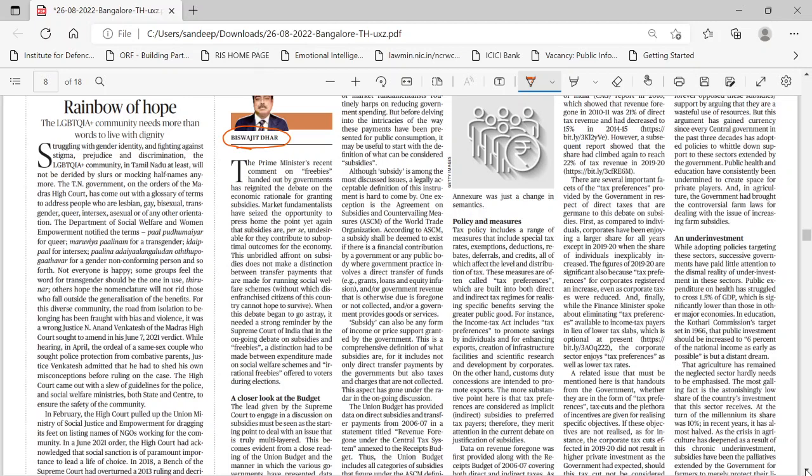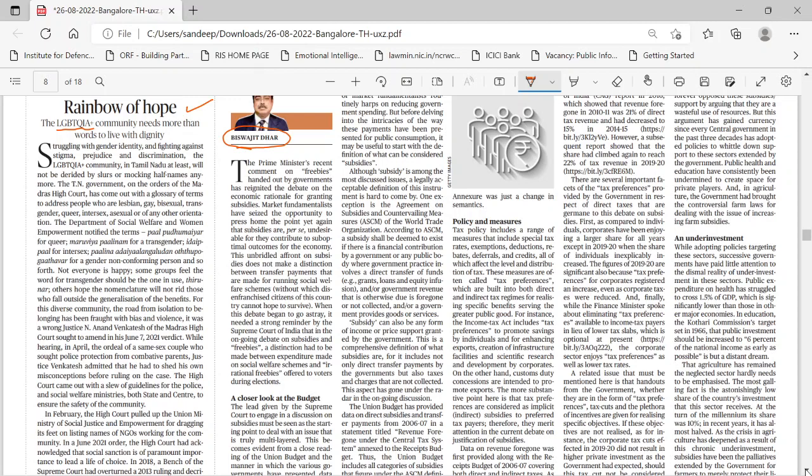But Rainbow of Hope, LGBTQIA plus, right? So what is the meaning of this? LGBT basically means lesbian, gay, bisexual, right? Transgender, queer, intersex, asexual, or of any other orientation.